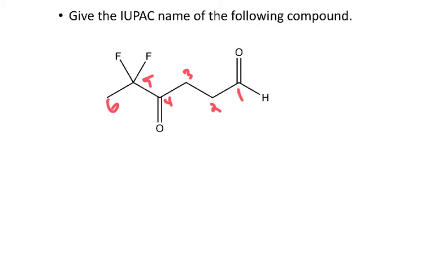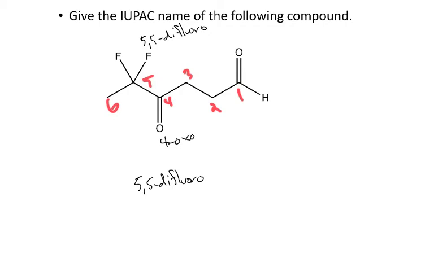All right, now my substituents: the ketone, because it's a substituent, is going to be an oxo. So I have a 4-oxo, and then I have a 5,5-difluoro. So my name is going to be 5,5-difluoro.